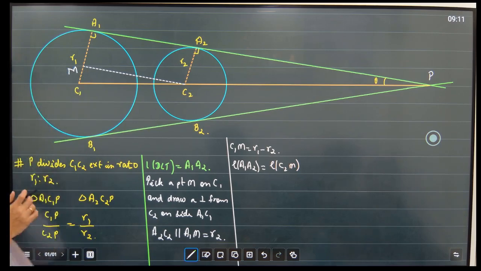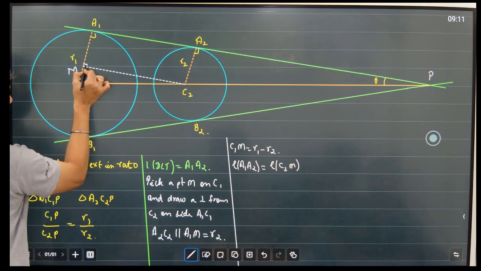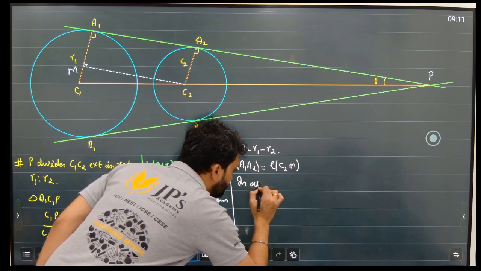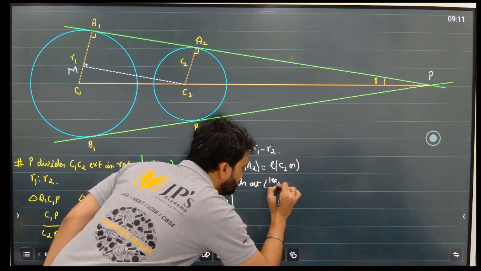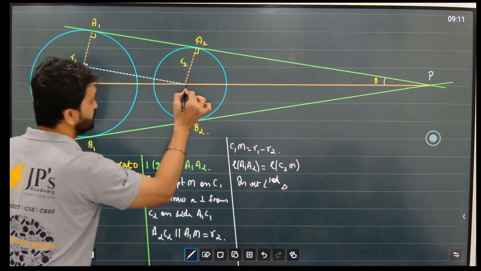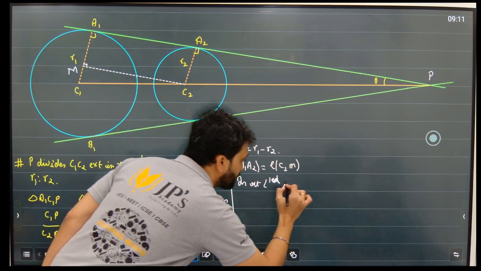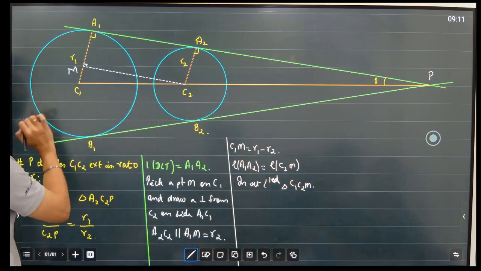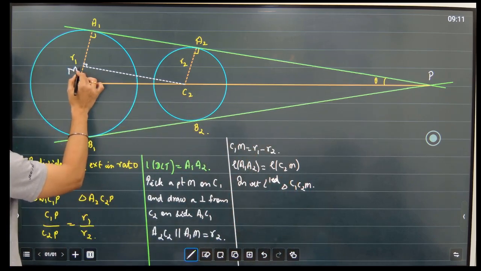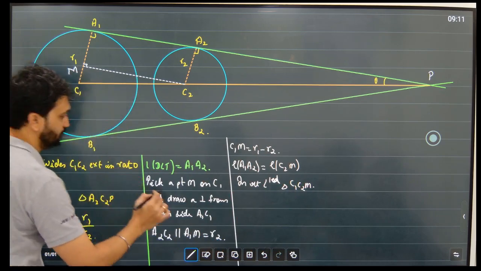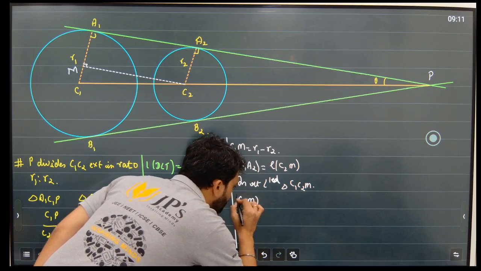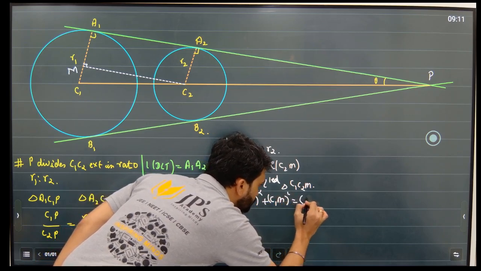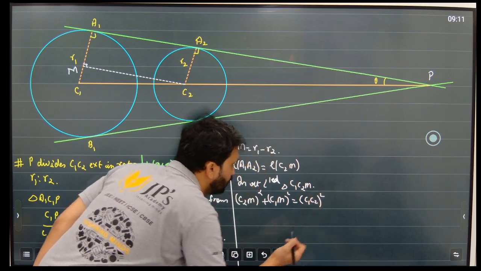If you can see, do you see it's a right angle triangle? तो ये 90 डिग्री है. अगर ये 90 डिग्री तो इसमें भी 90 डिग्री रहेगा. तो I will take in right angled triangle C2M C1. एक काम करते हैं, C1 C2M 90 डिग्री यहाँ पे है, तो C2M the whole square plus C1M the whole square is equal to C1 C2 the whole square.